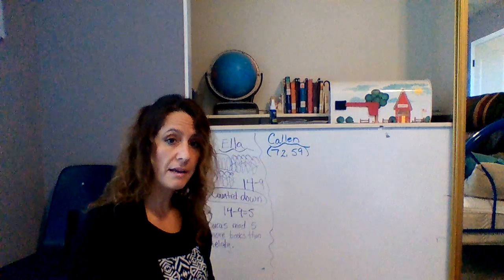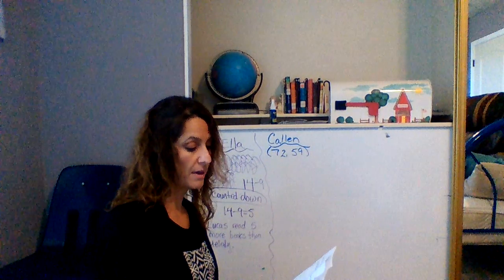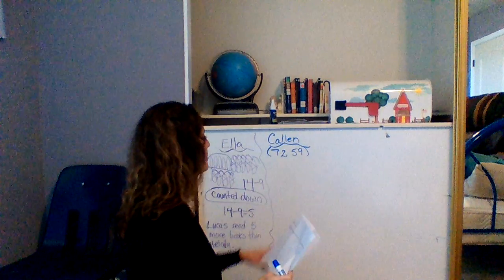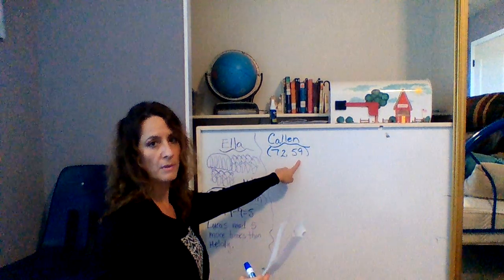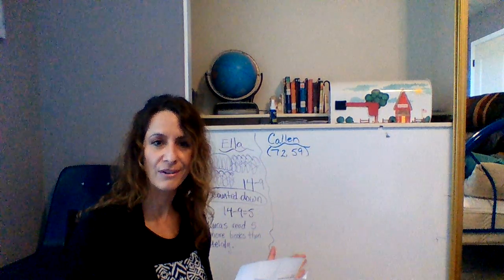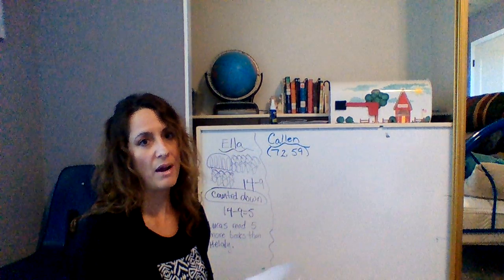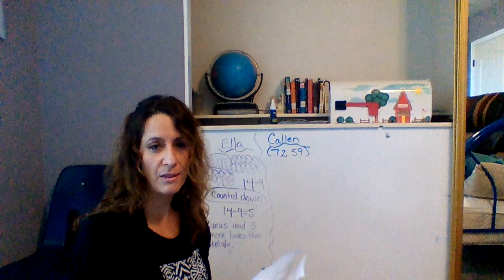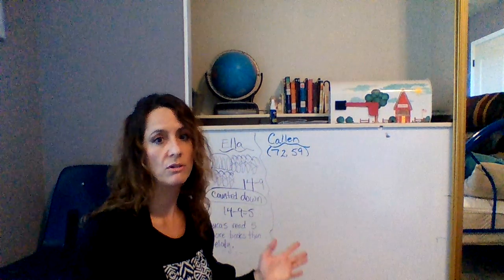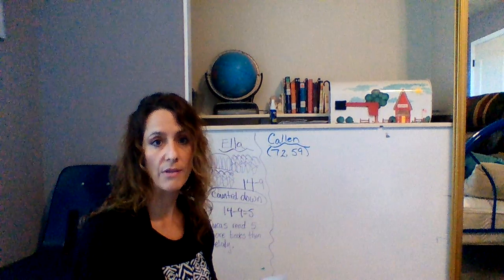He said, first I took my numbers and separated them into tens and ones. Okay, so he took his numbers. I'm assuming these numbers. It's so hard when you guys aren't here. I can't ask you. So hopefully I'm making the right assumption. If I'm not, you guys leave me a message and let me know, like, hey, Mrs. Stone, that's not what I was thinking, and we can clear that up.